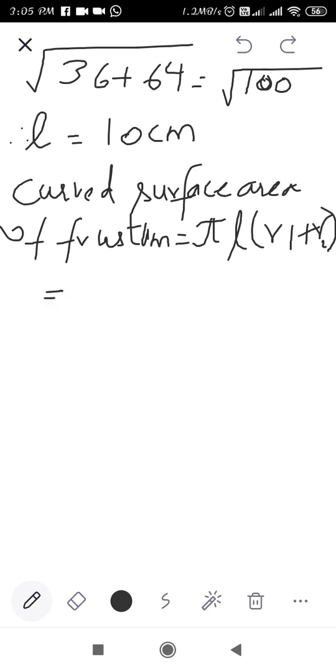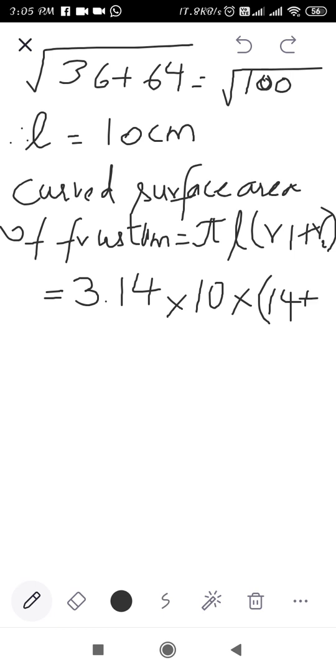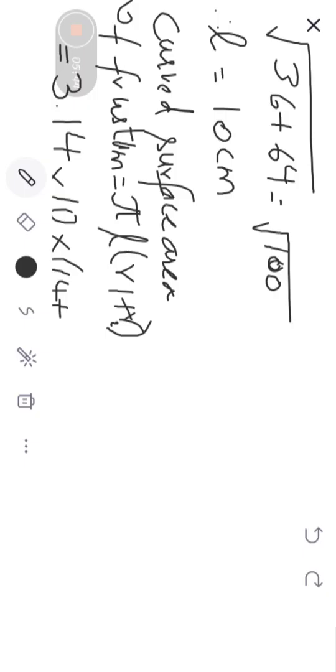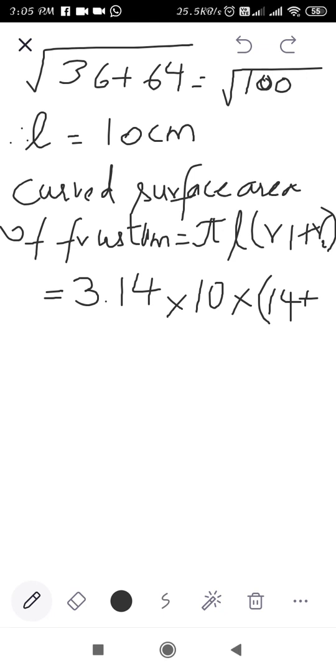Okay, now we will substitute the values. Since the value of pi is given in the question as 3.14, we will take that value, 3.14 multiplied by l. So value of l is 10 centimeters. So we'll substitute it here. 10 into r1 plus r2. r1 is 14 centimeter, r2 is 6 centimeters. So 14 plus 6.